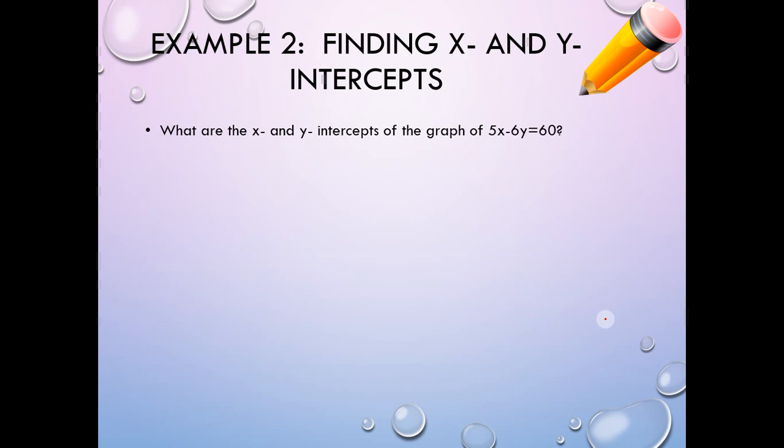Let's try this again. We want to find the x and y intercepts of 5x minus 6y equals 60. I'm going to find my x-intercept first. To find x, you want x to stay in the equation, so we're going to get rid of our y. Let's plug 0 in for y.